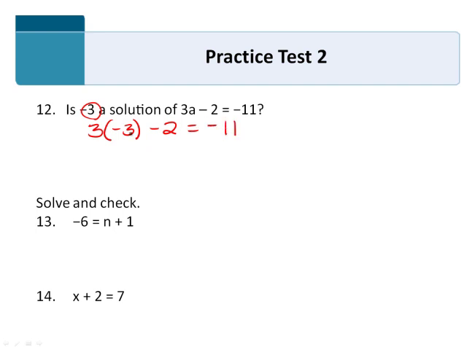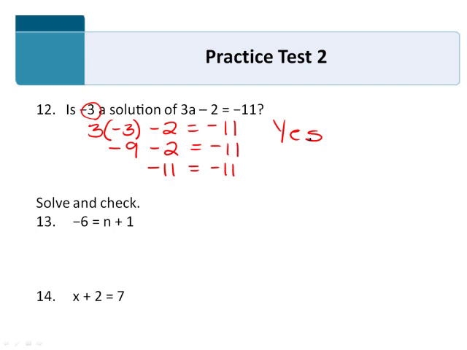Well, 3 times negative 3 is negative 9 minus 2 equals negative 11. Now look at the signs. Negative 9 and negative 2, they're both negative. The rule is add and keep the sign. So that's negative 11 equals negative 11. So your answer is yes. If you'd gotten two different numbers at the bottom, your answer would be no.